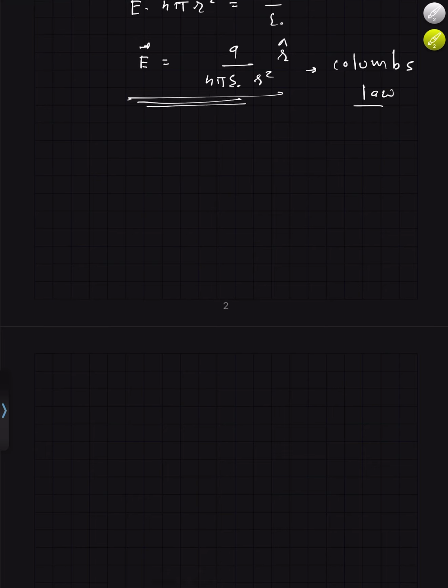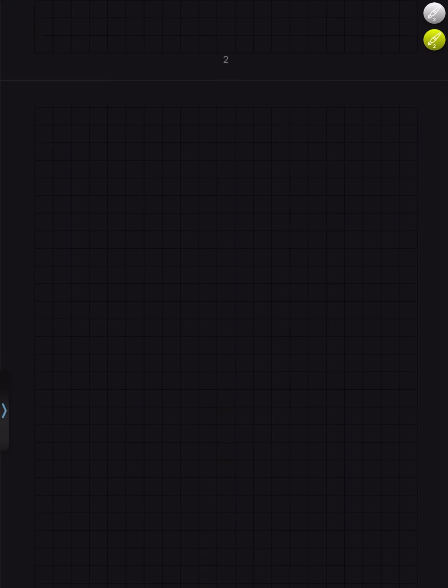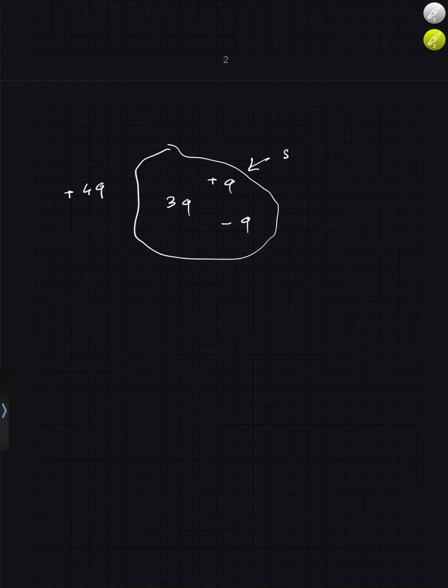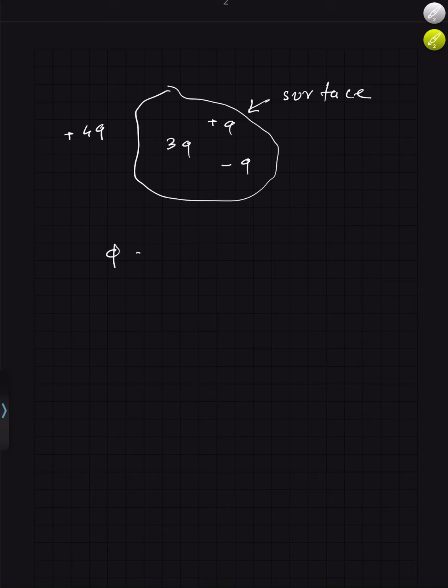Now we will consider some different cases. Say you are given a surface and inside it there are charges 3q, minus q, plus q, and outside is 4q. If someone asks what is the electric flux associated with this surface, then flux phi is given by the sum of the total enclosed charge divided by epsilon naught, meaning the charge enclosed by your Gaussian surface.